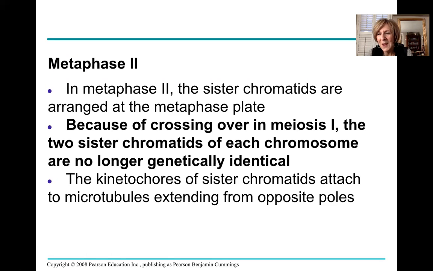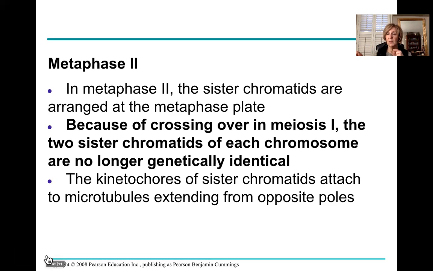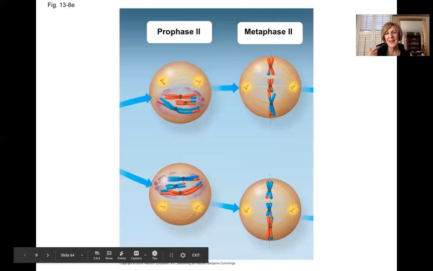That's the whole point of meiosis, right? Is to make variety. And so now the kinetochores on the sister chromatids that are attached to the spindle fibers, those microtubules are going to shorten. There are non-kinetochore microtubules that lengthen the cell, and they are going to separate just like we see in mitosis.